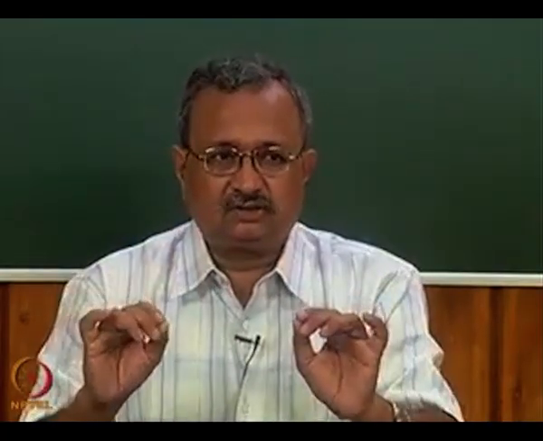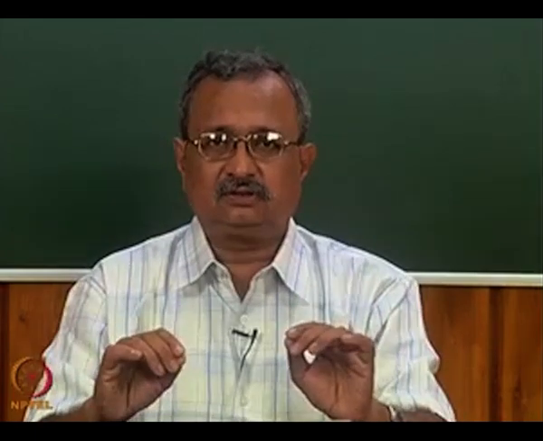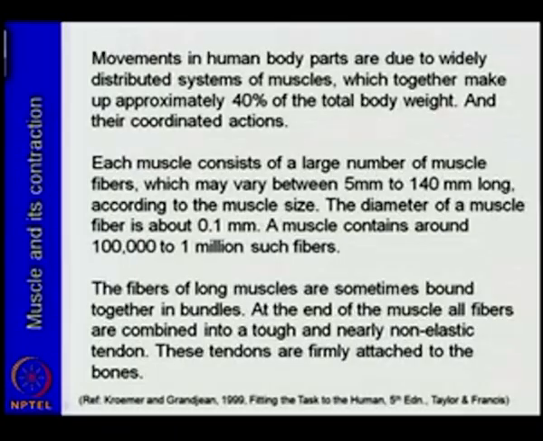Now, we will see some facts about muscle construction and some muscle activities. Now, muscle and its contraction. If we see this slide, it mentions that movement in human body parts is due to widely distributed systems of muscles, which together make up approximately 40% of the total body weight, and their coordinated actions.